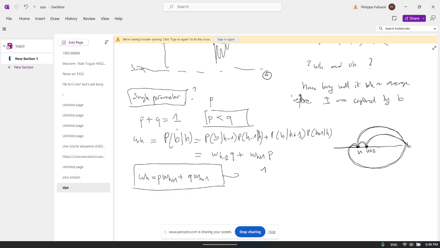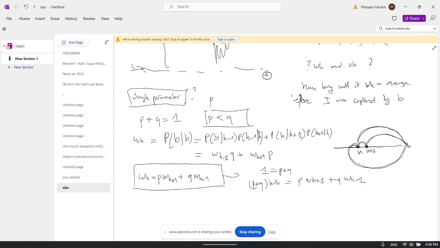Now, do you agree that 1 is P plus Q? Therefore, I can say that WH is also P plus Q times WH. So that's equal to P WH plus 1 plus Q WH minus 1. I've not changed anything, right?